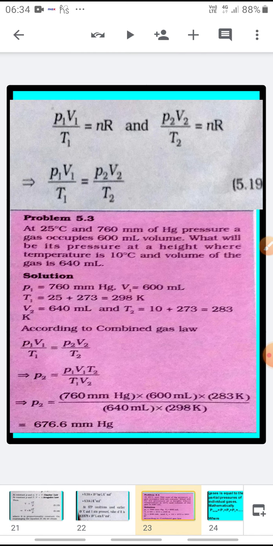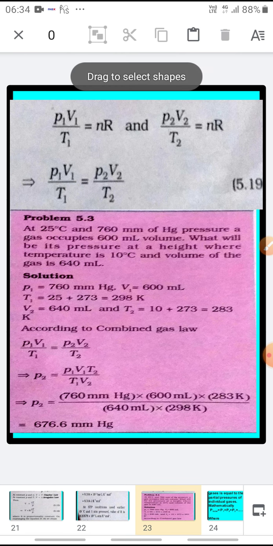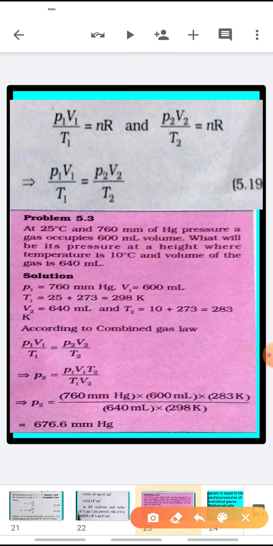Now children, the combined gas equation is a relationship for the simultaneous variation of variables. If temperature, volume and pressure of a fixed amount of gas vary from T1, V1 and P1 to T2, V2 and P2, then we can write P1V1 upon T1 equals nR for the first gas.